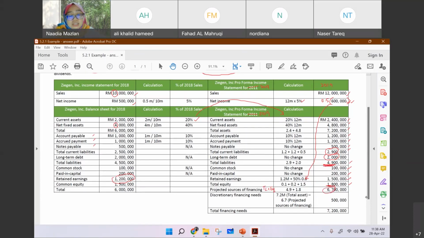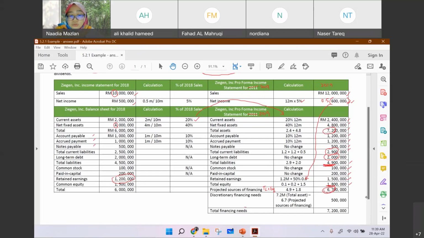However, when we check 6.7 against our total assets, which are 7.2, we cannot make it balance. Hence, to calculate the discretionary financing need, we take 7.2 minus the 6.7, which is the projected source of financing. So 7.2 minus 6.7, you get 500,000.